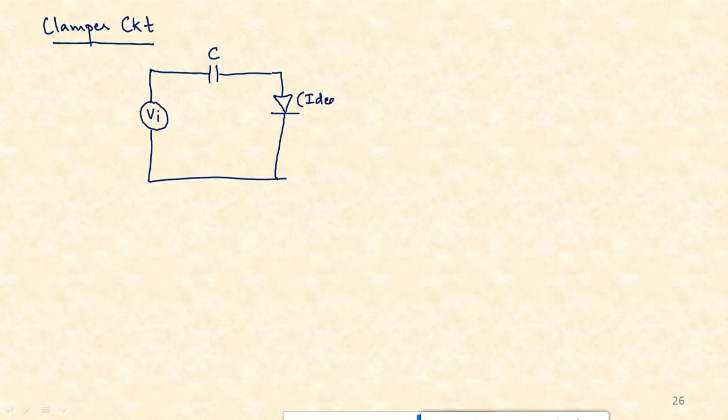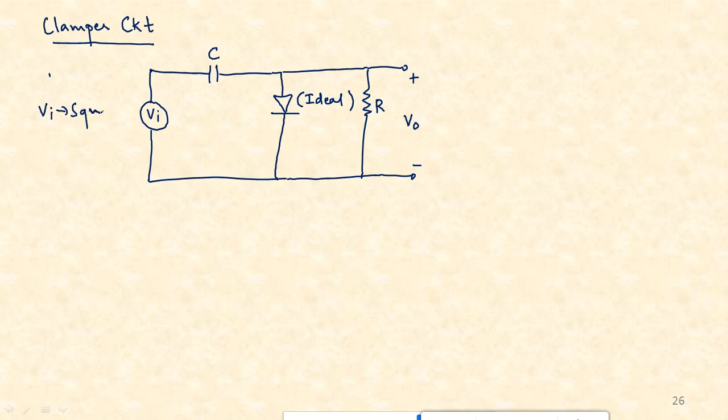As of now, let this be an ideal diode so that the analysis will be simplified. Further, a resistor across which the output is to be taken. So let us say it is V0, plus minus. Now let this input be a square pulse. Let Vi be a square pulse.